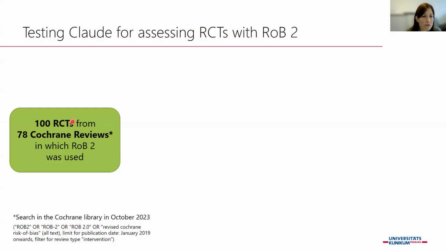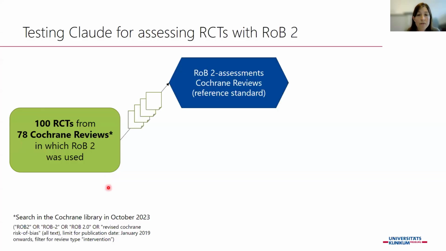We drew a random sample of 100 RCTs from the 78 Cochrane reviews we were able to identify at this time in October 2023. From these reviews, we already had risk of bias assessments conducted by the Cochrane reviewers, and we took these assessments as the reference standard.